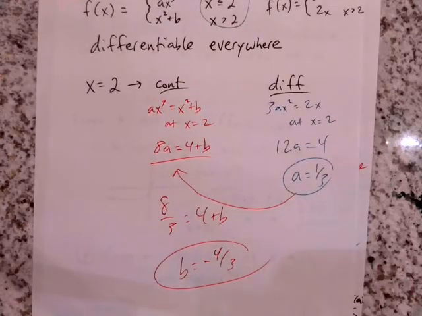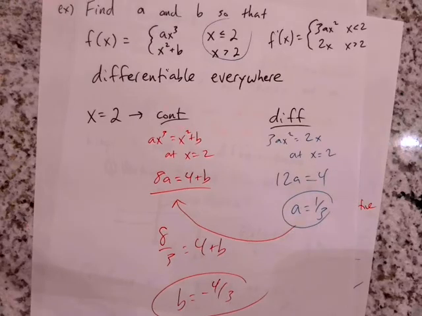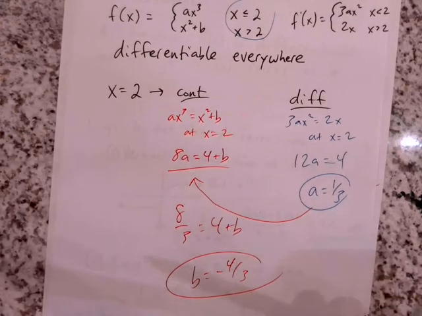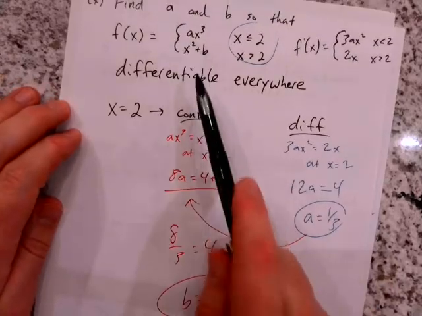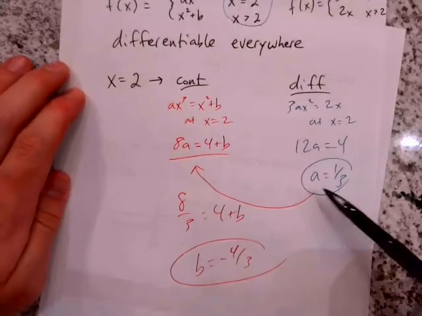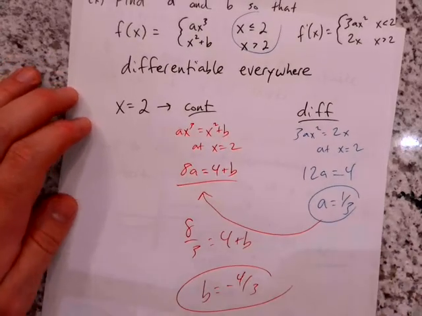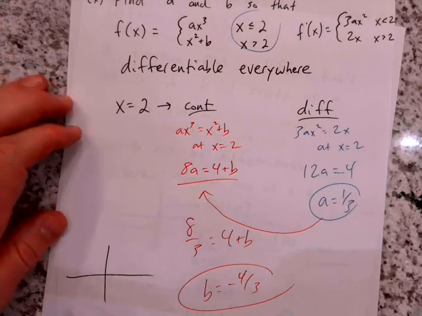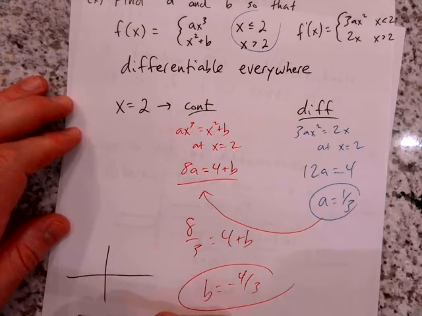With those 2 values of a and b, we have a function that has no issues with differentiability on the entire real number line. And if you were to graph this in Desmos, for example, you could put the a and the b into it and play around with different values of a and b. You see that when you have these 2 values, there's a completely smooth transition in your graph from the cubic to the quadratic. Like the graph just looks like this.